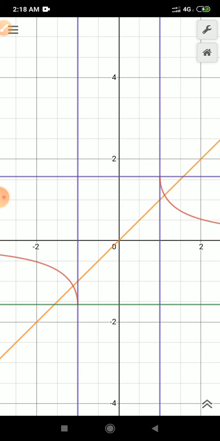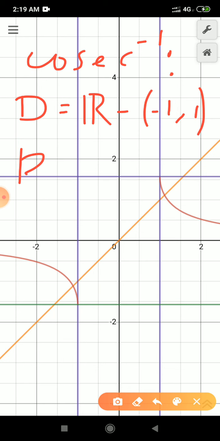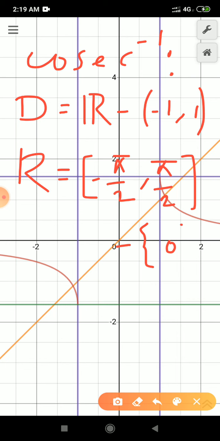So finally for the function cosec inverse, the domain should be R difference minus 1 to 1 and the range should be minus pi by 2 to pi by 2 except 0. So that should be the domain and range for cosec inverse. Okay, so that's all for the cosec inverse function.